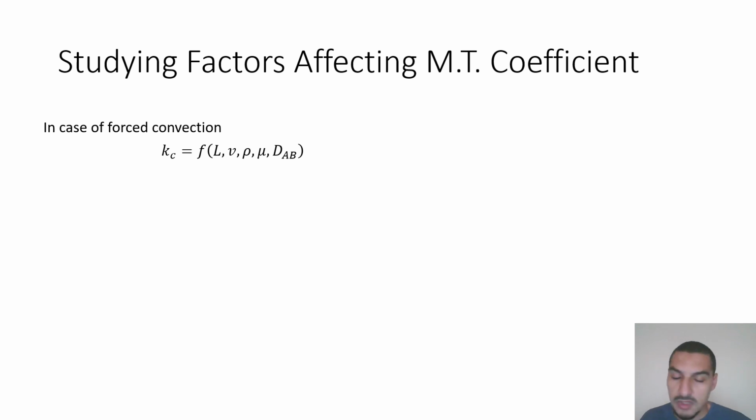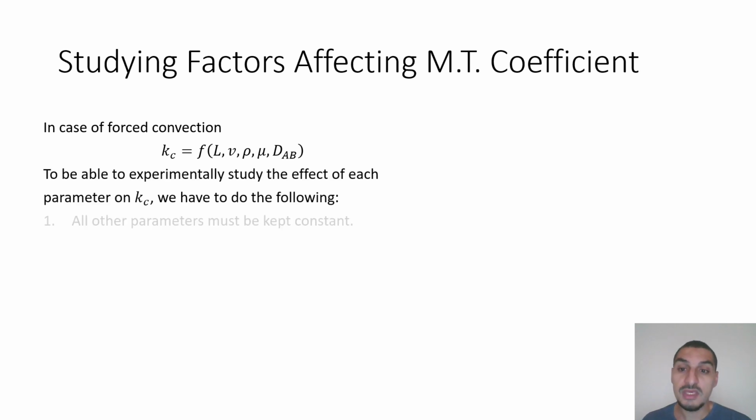And if you think about this, in our case I have 5 parameters and I want to study the effect of each parameter. So simple logic says that I am going to first keep all the parameters constant except one. So let's say I want to study the effect of characteristic length on the mass transfer coefficient.